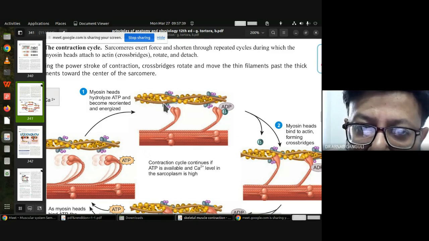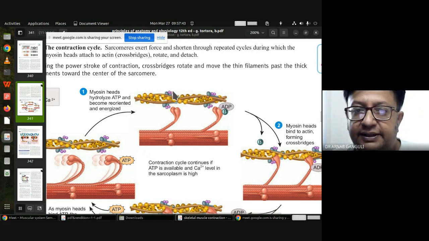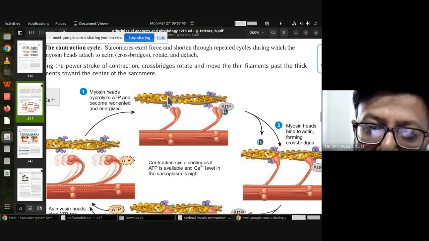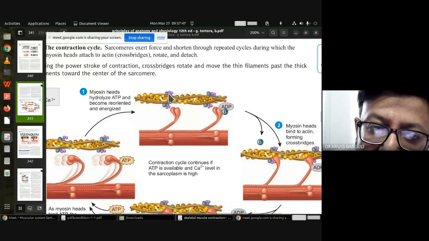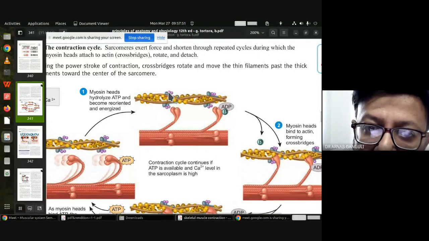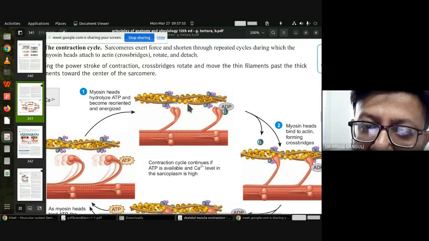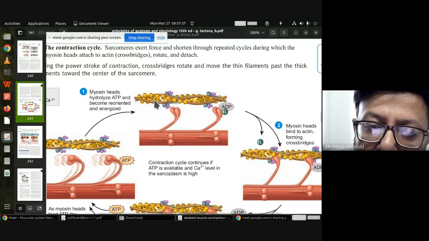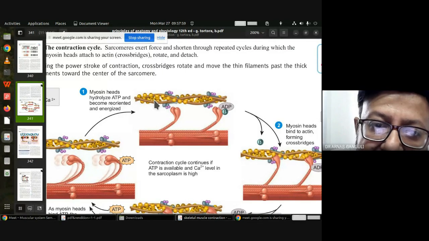This brown line is the tropomyosin, and these blue ones are the calcium troponin. The little purple molecules are calcium, and it binds to this blue calcium troponin. Result, this tropomyosin molecule exposes the myosin binding heads.